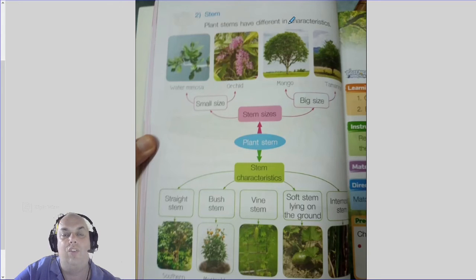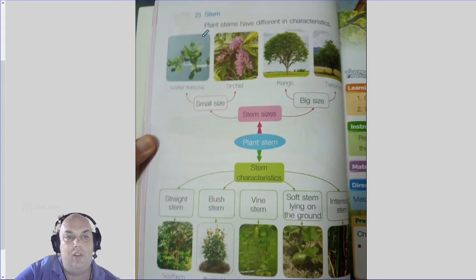So that is the function of the stem. Now the stem also makes sure that the plant stays upright.